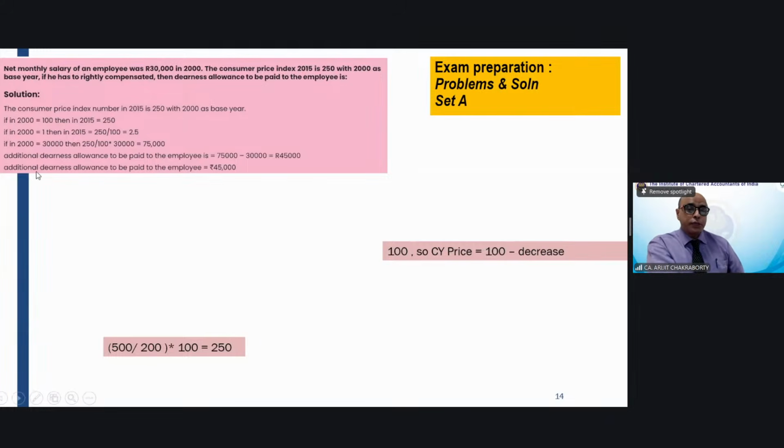So if in 2000 a person was getting 30,000, then in 2015 to be compensated his salary must be increased by how much? 2.5 times. So the salary must now become 30,000 into 2.5, right? Because 2.5 is actually the increase in the index. जो 100 रुपए था आज 250 हो गया है. So index has increased by 250% या फिर 2.5 times या फिर 2.5 गुना बोल सकते हो.